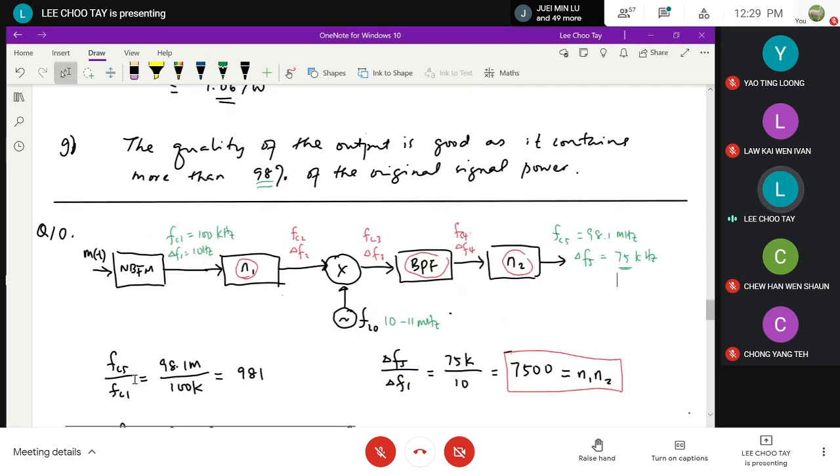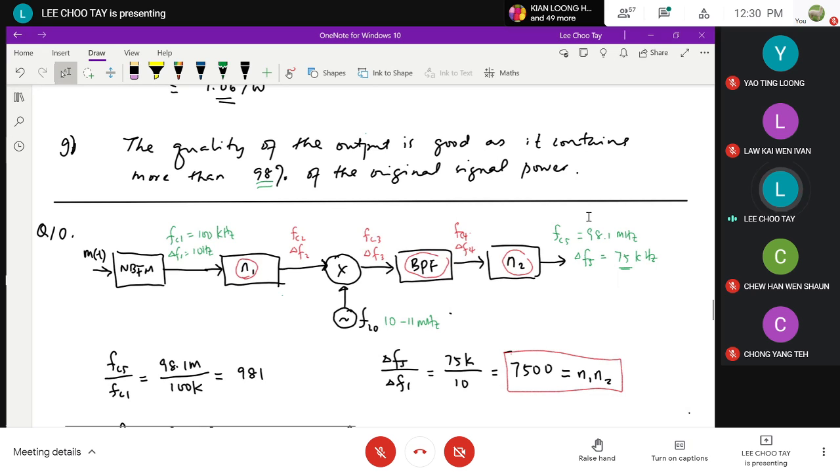If you take FC5 divided by FC1, 98.1 meg divided by 100K, that gives you a multiplication factor of 981. That means we need to multiply the carrier frequency of the narrowband FM signal by 981 times in order to get the final carrier frequency that we want.